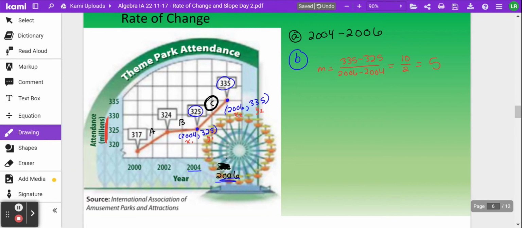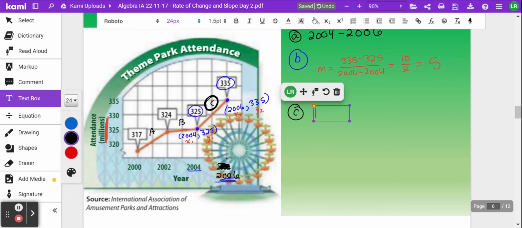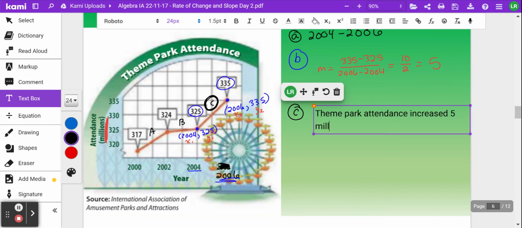And then part C would be writing our description. So for our description, there's different ways to do it, but this would work. Our theme park attendance increased 5 million people per year during that time span.